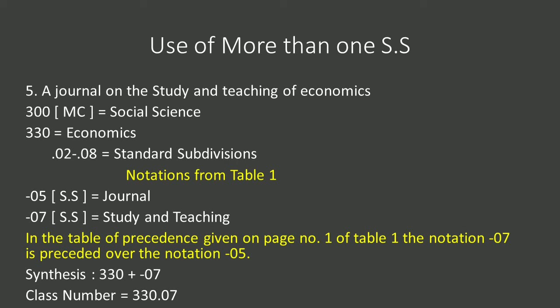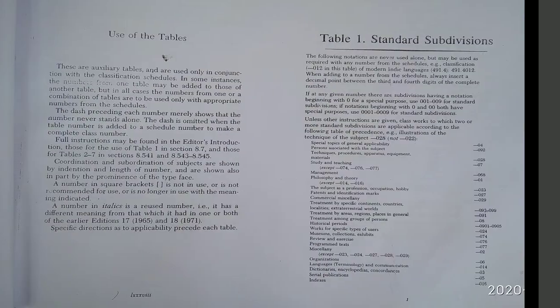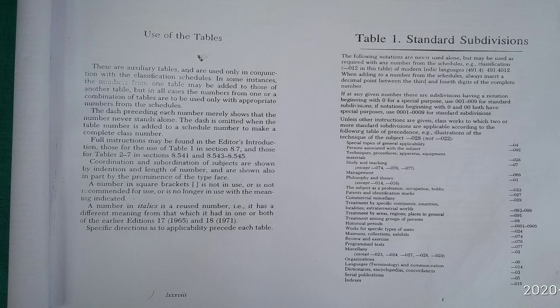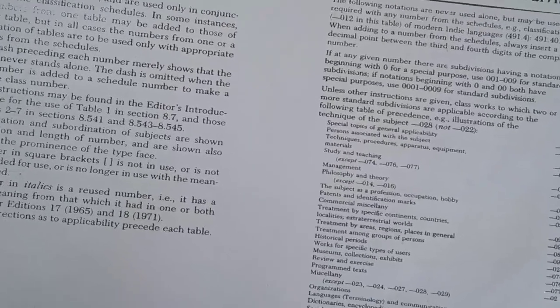So here is the rule I have mentioned here. In the table of precedence given on page number 1 of table 1, the notation -07 precedes the notation -05. Here I want to show you this page. This is the first page of table 1 standard subdivision, and here is the table of precedence.